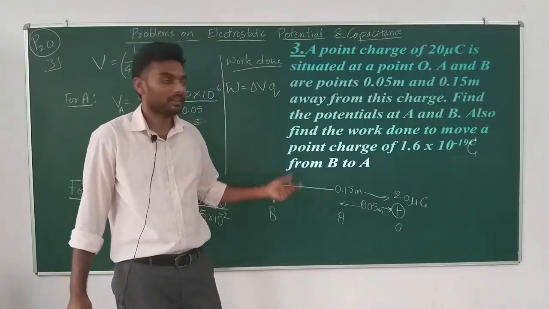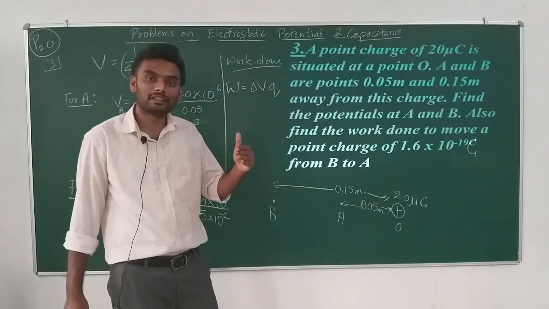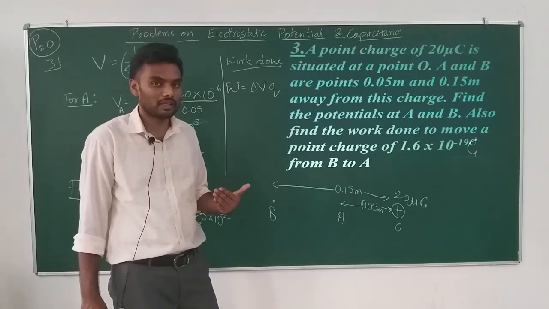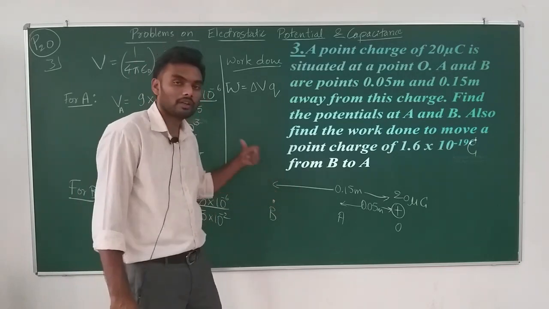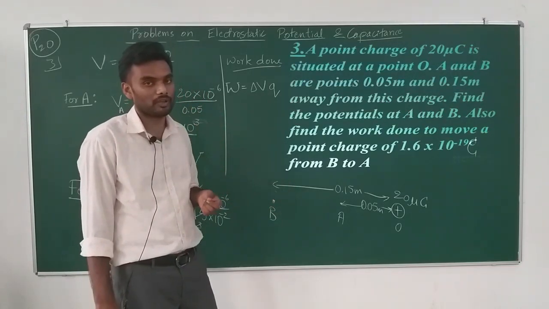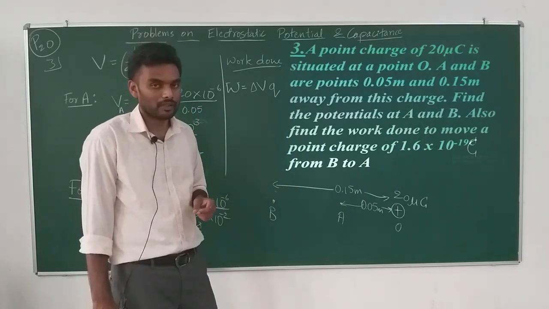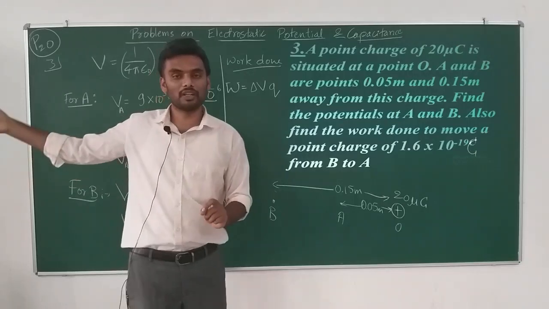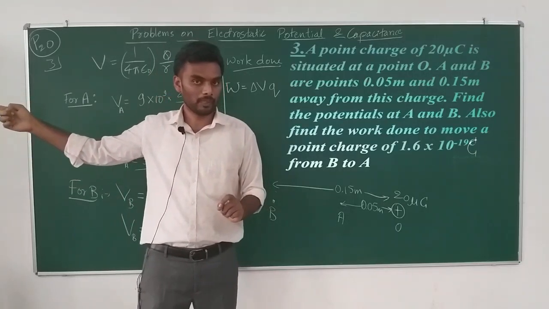Delta V is V2 minus V1, that's how we write it, right? V2 is the potential at the final point, V1 is the potential at the initial point. When we bring it from infinity, V1 is 0 because potential at infinity is 0.